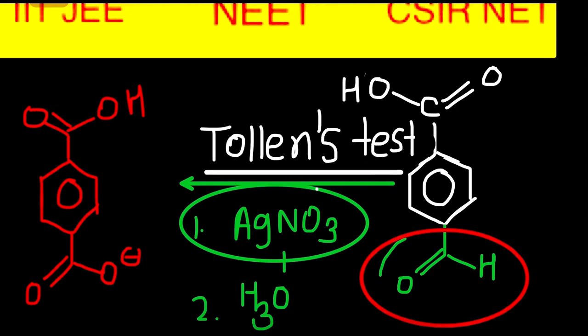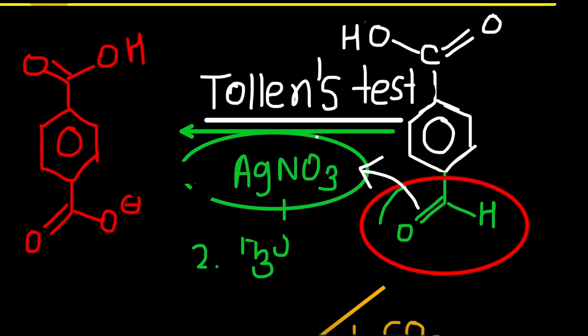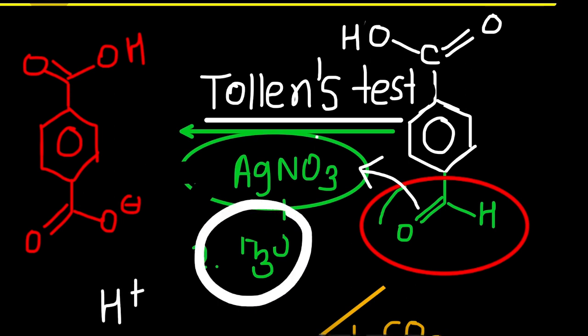In the Tollens test only aldehyde reacts with AgNO3 and it will convert into carboxylic acid. And after hydrolysis when we add H3O plus then oxygen will be protonated and finally we get 1,4 dicarboxylic acid.